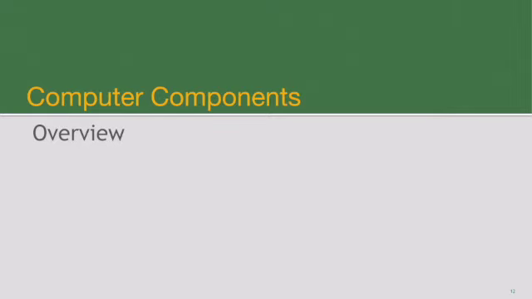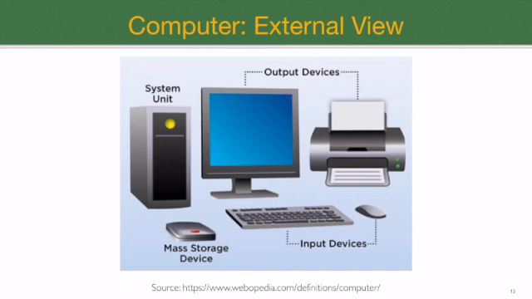from what we have just said, because there will be a relatively bigger transition from this point to the computer side. So we are going to look at the computer components. I'll just give a very high level overview so that we can be ready for the next session. A computer's external view looks something like this.